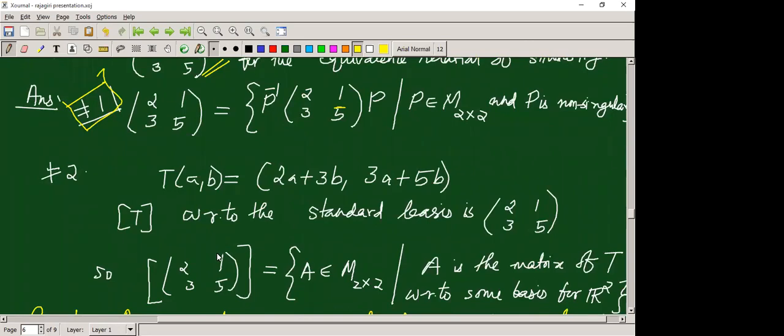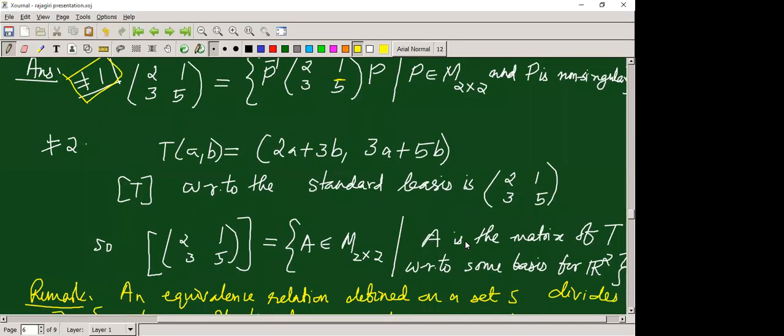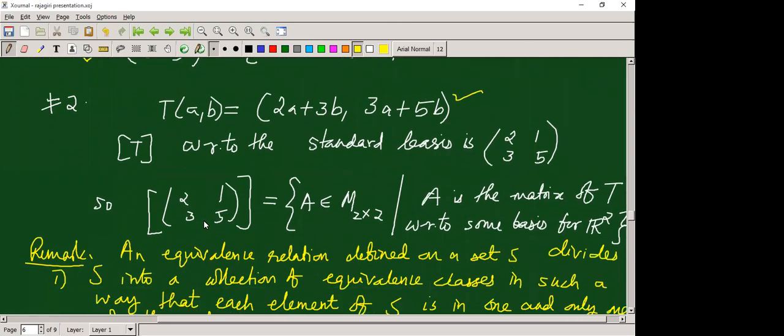So what is the equivalence class containing it? The collection of all 2 by 2 matrices that are the matrix of this T with respect to some basis for R2. So the equivalence class of this 2 by 2 matrix contains a lot of 2 by 2 matrices.